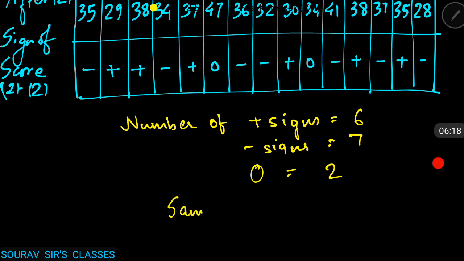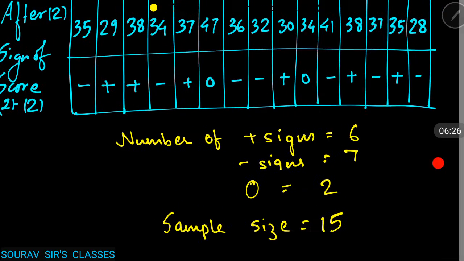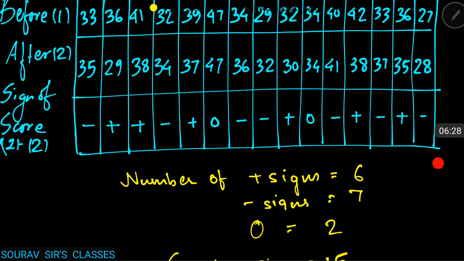So total sample size is equal to 15. When we use the sign test, we exclude the zeros as we are testing perceivable differences. We notice that we have 6 plus signs and 7 minus signs for a total of 13 usable responses.